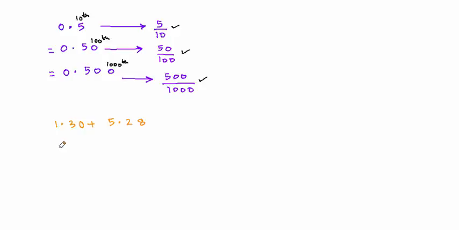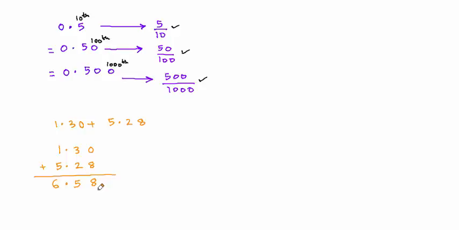And then we write down one number just below the other with the decimal points aligned, 1.30, 5.28, the decimal point one below the other, and then add them up. The decimal point in the answer is right over there at the same position. 8 plus 0 is 8, 3 plus 2 is 5, and 5 plus 1 is 6. So the answer is 6.58.